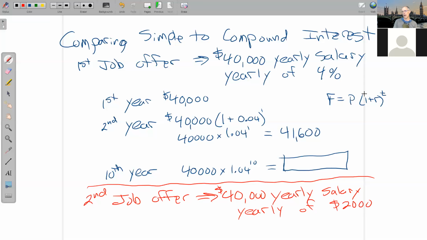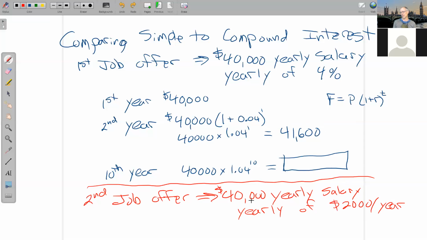And he's pretty good at math. He knows, well, in the first year on the other job, they're only giving me an extra $1,600. These guys are going to give me $2,000. Now the catch here, it's exactly $2,000 per year. Whereas in the other job, his raises collect more raises. Here he's just getting $2,000 per year every year.